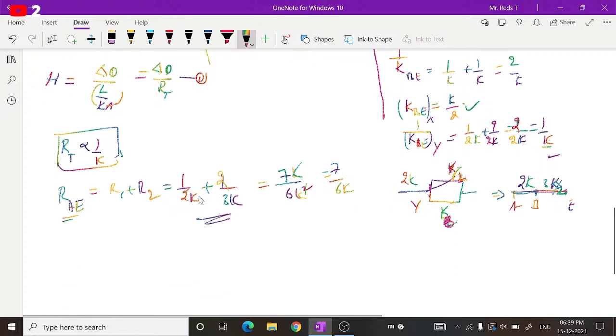As a result, you can write the thermal resistance between A and E is equal to 7 by 6k. Directly I have taken it like this. They have given it in terms of L and A, right?